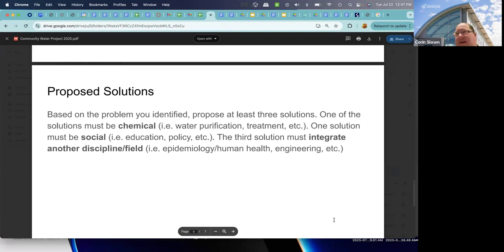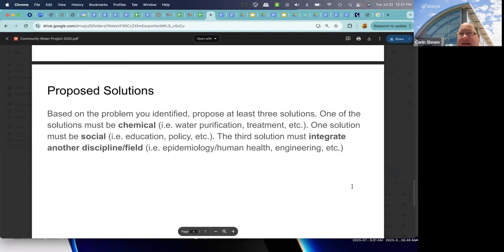A social one, one of the examples I thought about was taxing corporations and using part of the tax to remediate water that gets polluted. And then an integration could be something like engineering, so maybe it's adding in additional levees to prevent runoff or something like that.